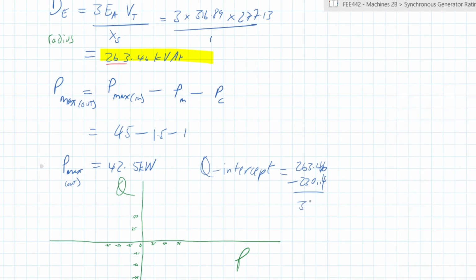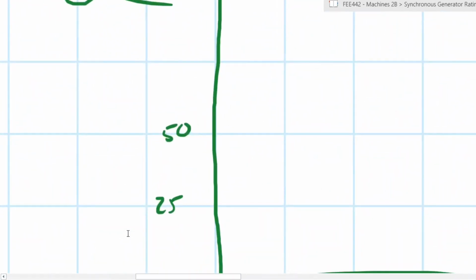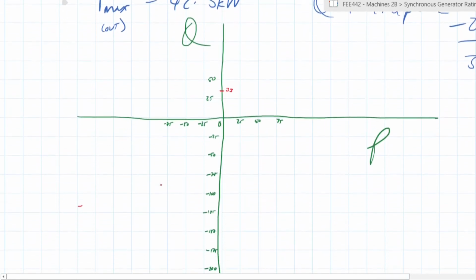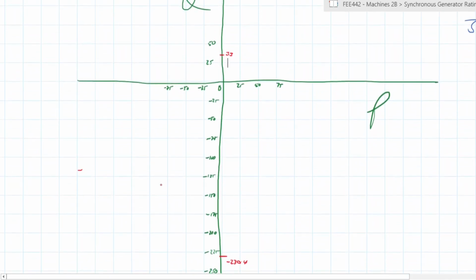So we will look for a point here at 33, which should be roughly in between. So let's call it there.